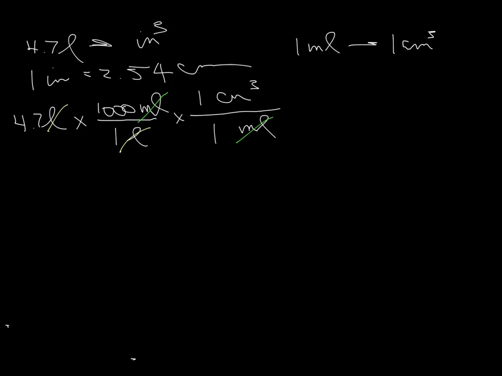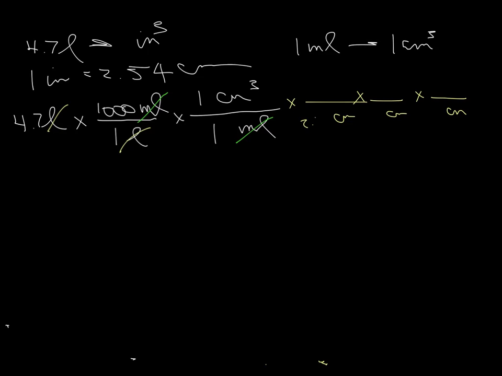Now I have to change from centimeters to inches. And because I have a centimeter cubed, I'm going to have to do 3 lines. Okay? And I have a centimeter here, centimeter here, centimeter here.